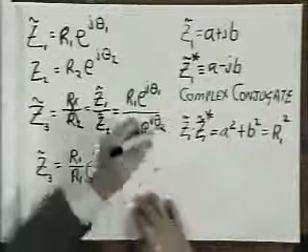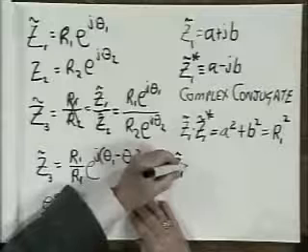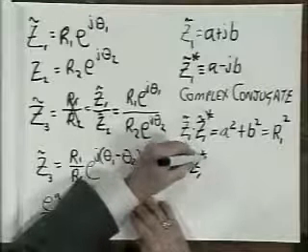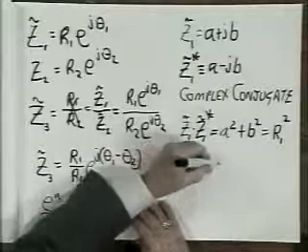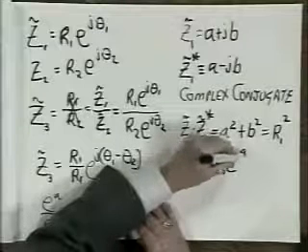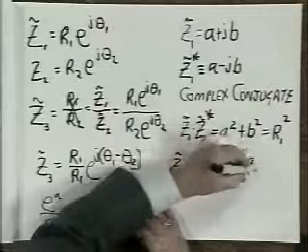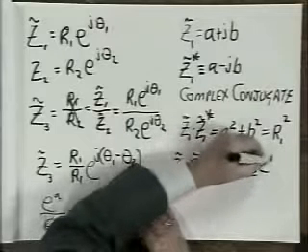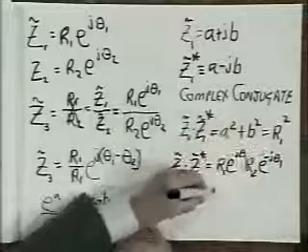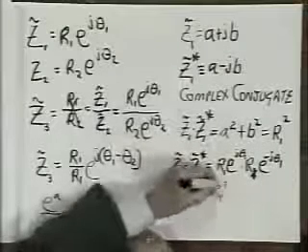If you do that multiplication in polar form, z1 complex number times z1 conjugate, you get r1 e to the j theta 1 times r1 e to the minus j theta 1, which is r1 squared.